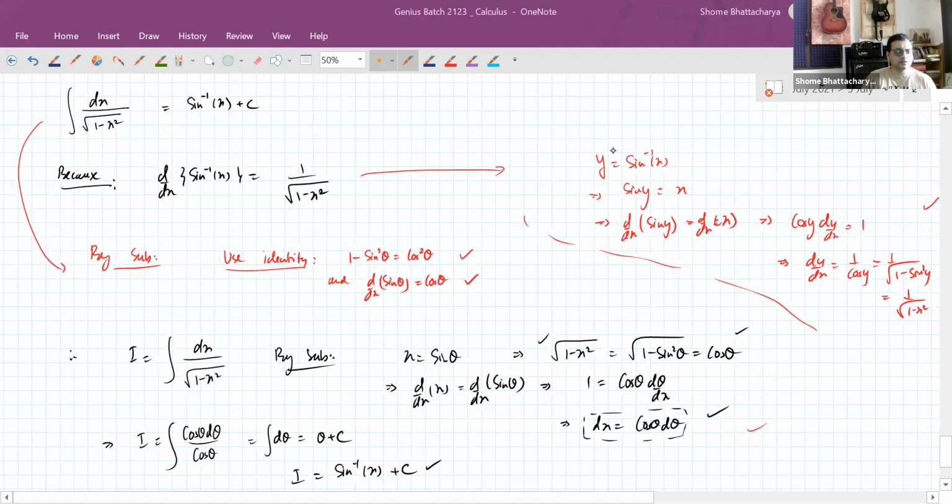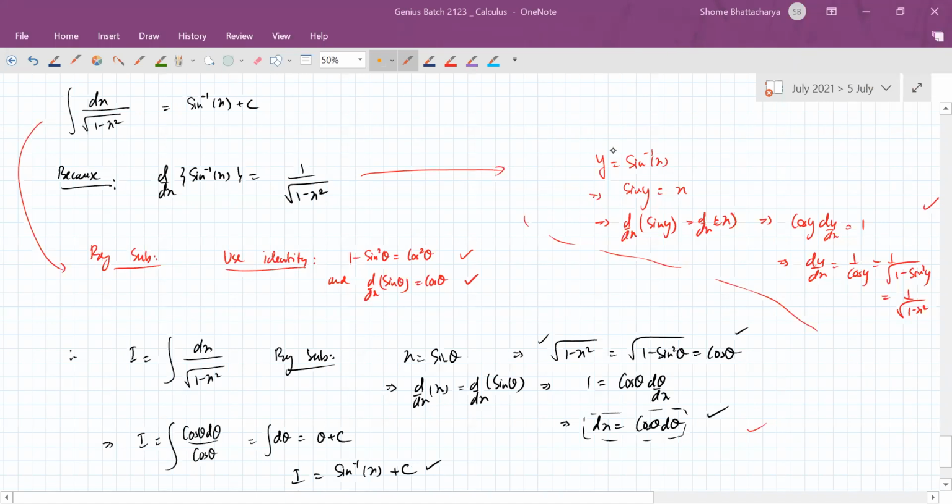That's why we substitute x as a tan theta. Substituting as some other trigonometric variable will not make use of that identity. So when we substitute x as a tan theta, we make use of the identity of tan theta, that 1 plus tan square is equal to sec square. Is it clear? Yes, sir.